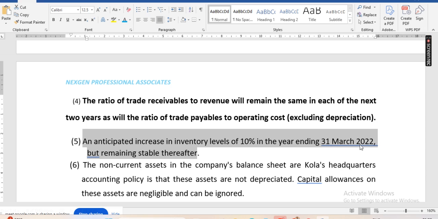So the figure for the inventory for 2021 will increase by 10% in 2022 and it will remain the same in 2023. You are using the previous information to forecast the future, right? That is what it means.